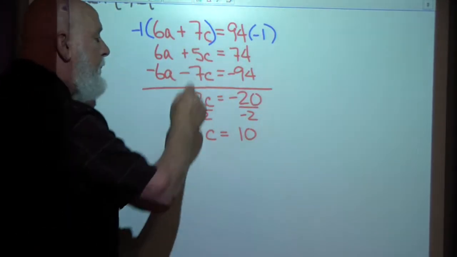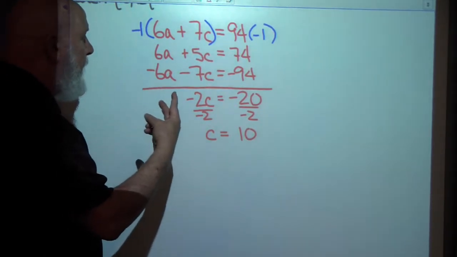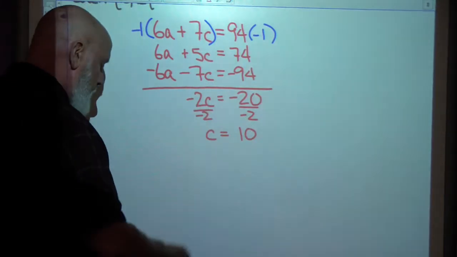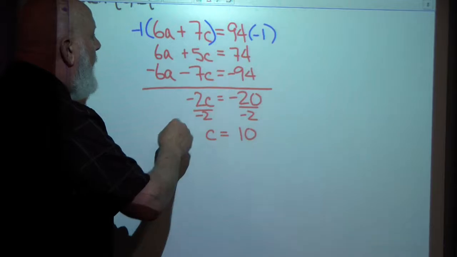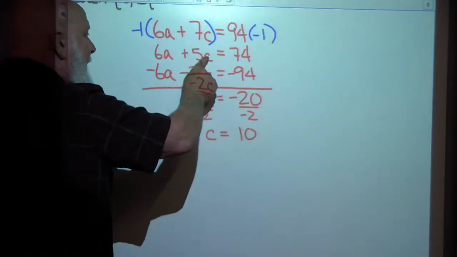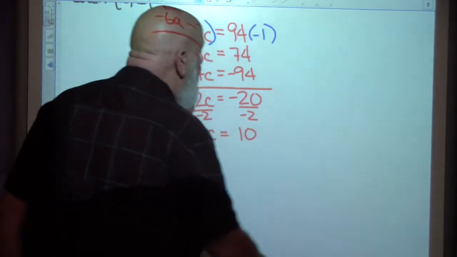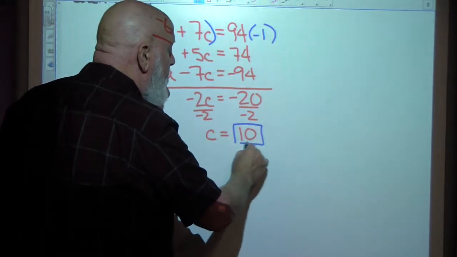Now I'm at the step up above that says substitute this into any equation that has two variables. In other words, I don't want to plug it in here. That's an equation, but it only has one variable. But I can plug it in as a C value here, here, or here. And I'm just going to pick one. I like that one because everything's positive and the numbers are a little bit smaller. But you can plug it into any of them and you'll get the same answer if you don't make an arithmetic mistake.